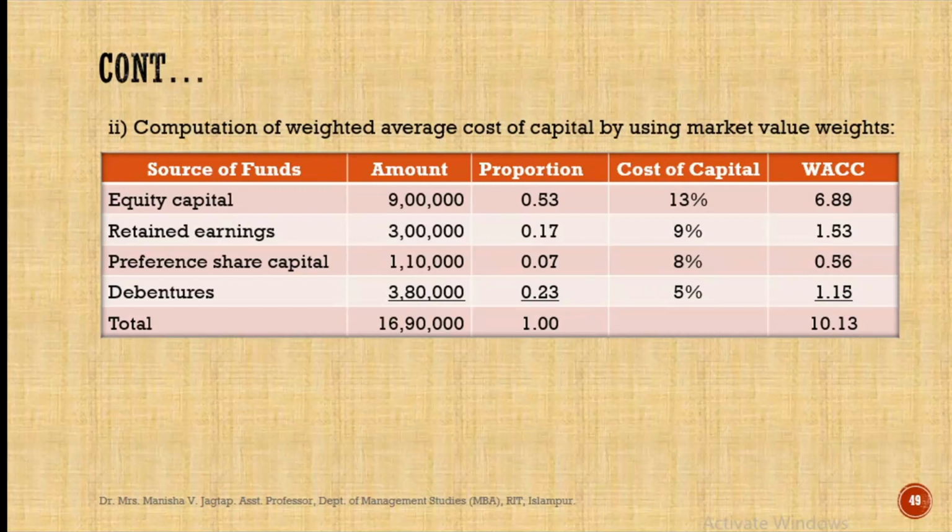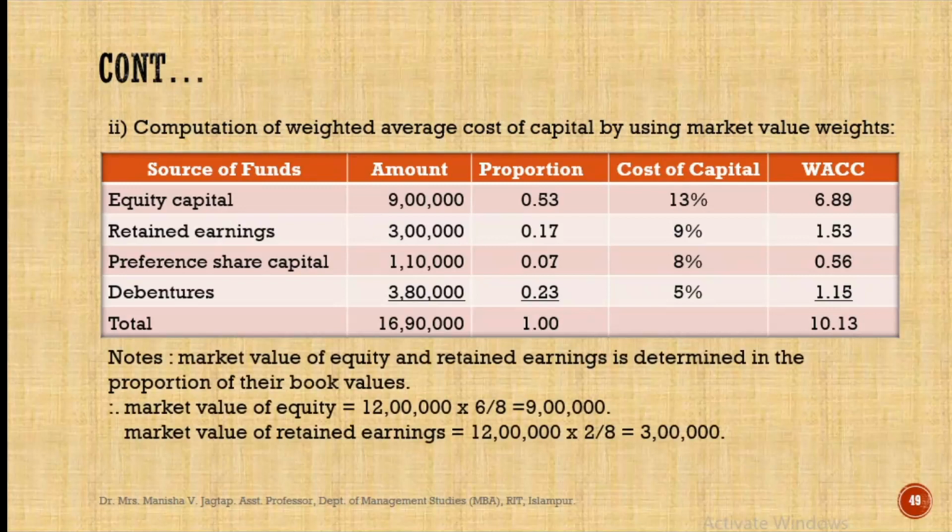So why is it so? Because here we have taken the market value of equity and retained earnings proportion with the base of book value. So what is the base here? The calculation is shown. Market value of equity is calculated as 12 lakh into 6 by 8, that is 9 lakh, and market value of retained earnings is 12 lakh into 2 by 8, equal to 3 lakh.